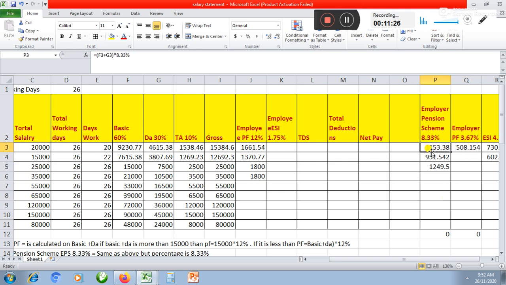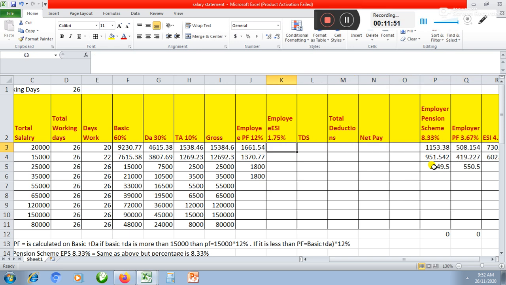You have to calculate this one: basic plus DA more than 15,000 then 15,000; if it is less, then add both and calculate 8.33. Whereas 3.67, directly you can do 12% minus 8.33 and you will get this. So it is equal to 12% minus 8.33. Okay, this is about PF.